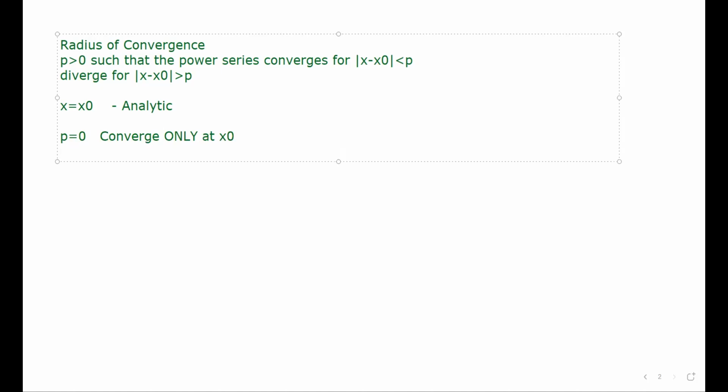If our radius of convergence is infinity, then it will converge for all x values. So what we're going to do is look at all that summation, and we want to see whether certain values make it work and certain values not.